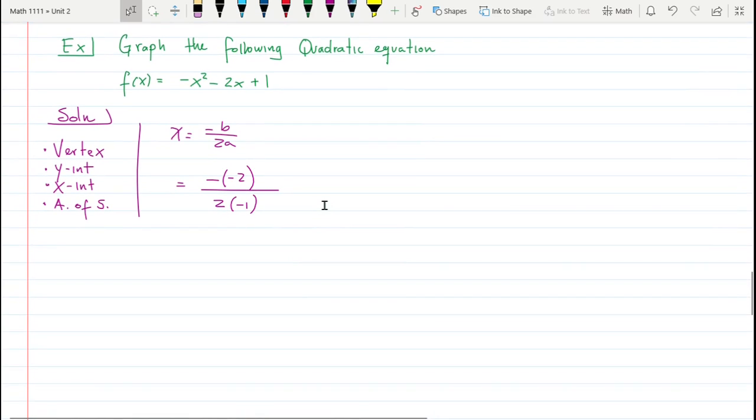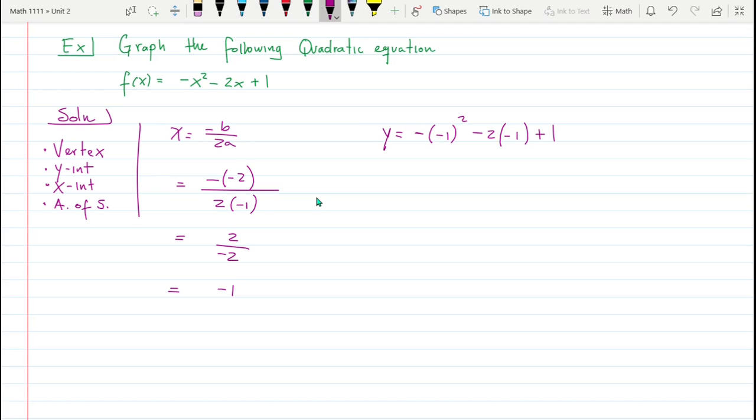So we have 2 over negative 2, which comes out to be negative 1. So that's the x value of the vertex.